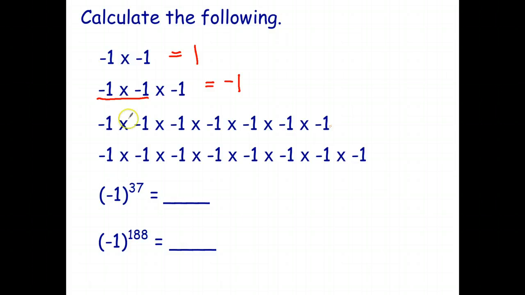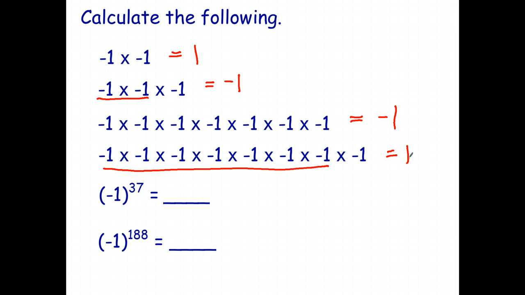So in this case, 1, 2, 3, 4, 5, 6, 7. That's going to give me -1 when I calculate it. And you might want to put that into your calculator and confirm that. With the next one, all of this we've worked out equals -1, times -1 gives us +1.